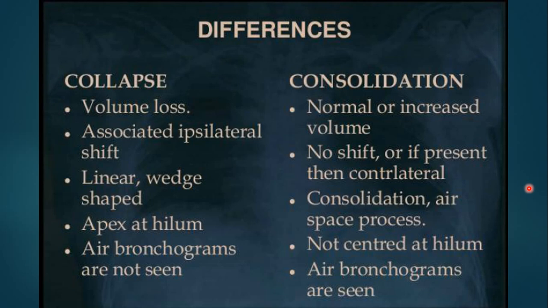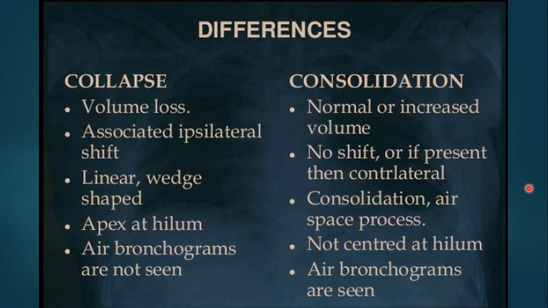If a shift is present, it can be to the contralateral side, not the ipsilateral. Collapse presents as a linear or wedge-shaped opacity, as the lobe that lost volume becomes linear or wedge-shaped, while in consolidation the lobe maintains its shape.